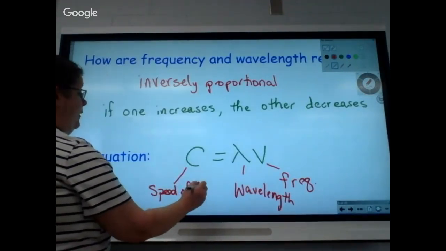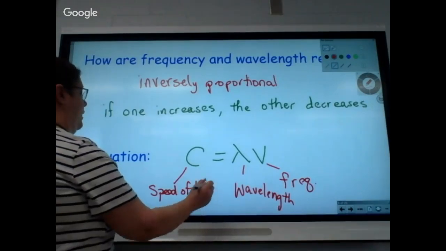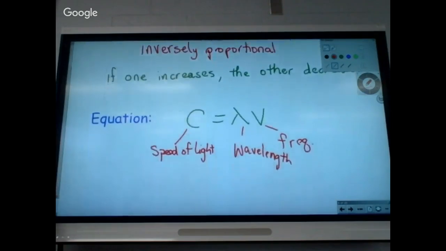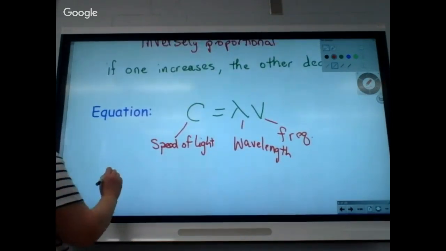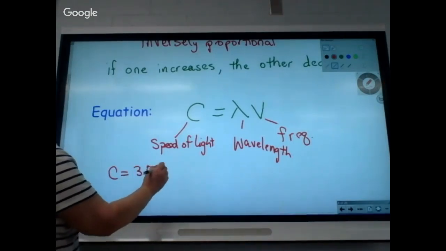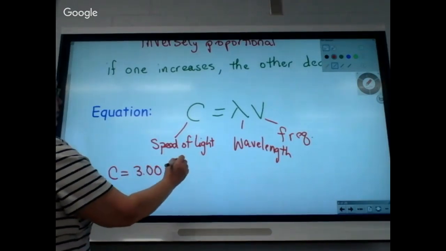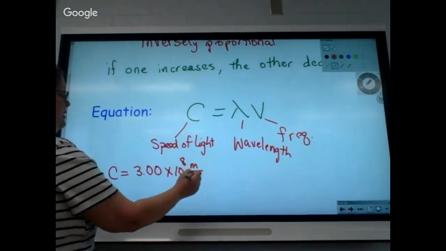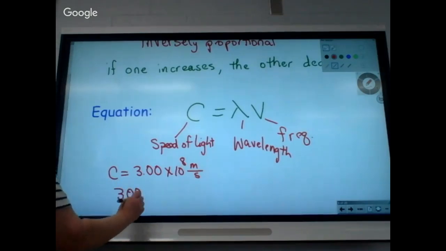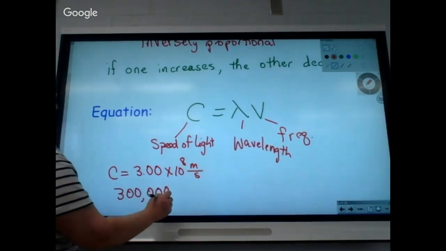Now, the speed of light is a constant, meaning it's not going to change. So c is equal to 3.00 times 10 to the 8th meters per second. That is 300 million meters per second.